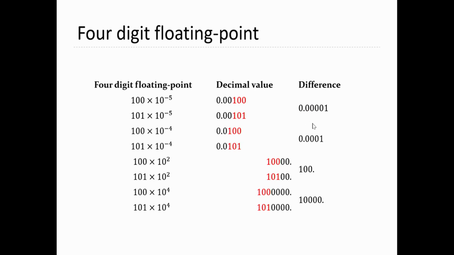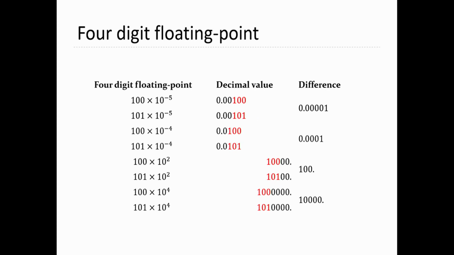And so right away you see one of the implications of using this representation. I cannot write down a number between these two values. Any value between 0.0100 and 0.0101, I can't write that down. There's no way to do it with this representation. And so when you have a value that's between these two values, you have to choose which one you are going to use for the representation.